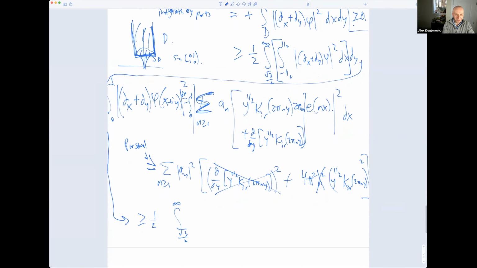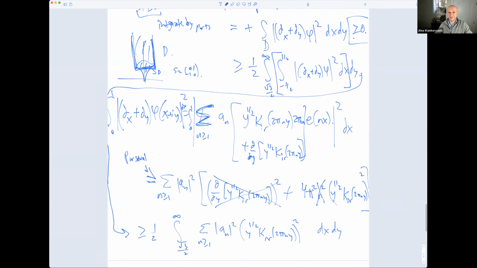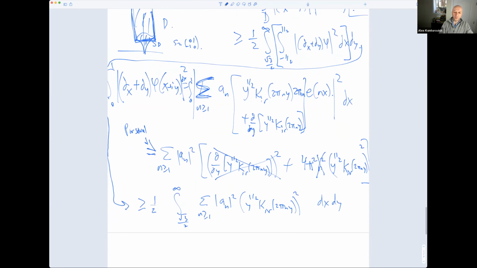And I have a sum over n greater than 1 of a_n squared, and then a √y K_ir of 2 pi ny squared dx dy, right? I want to put in a y squared. I want to multiply by y squared and divide by y squared.